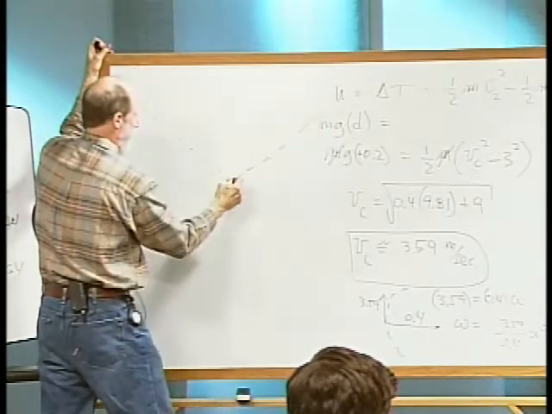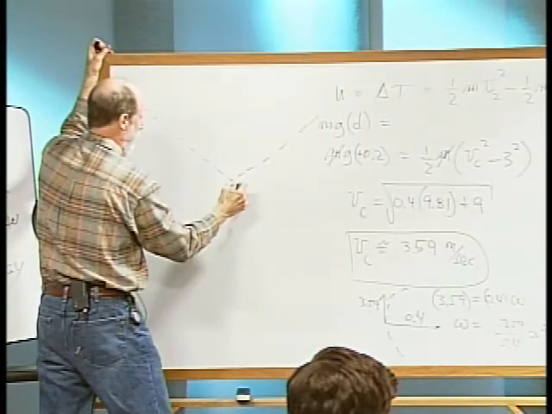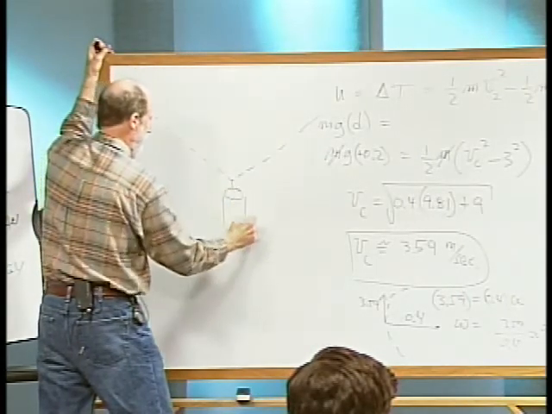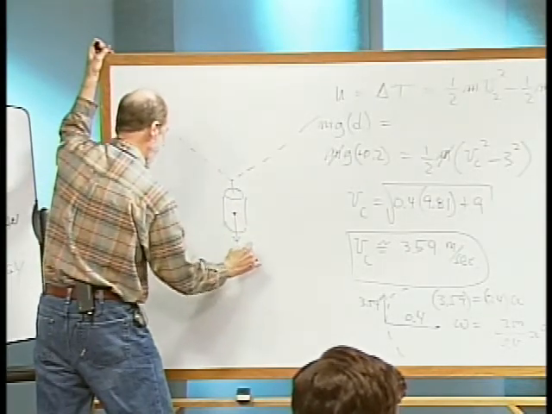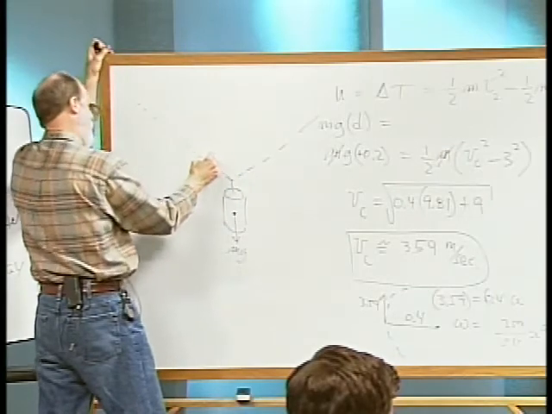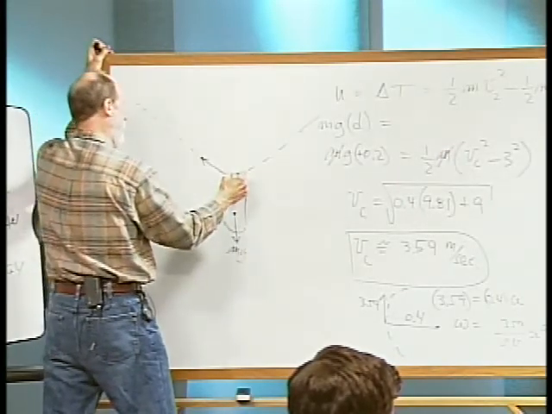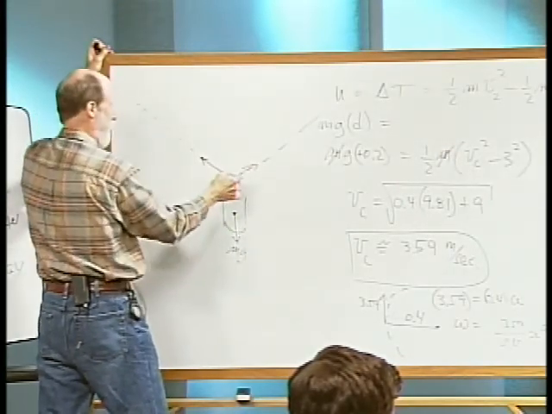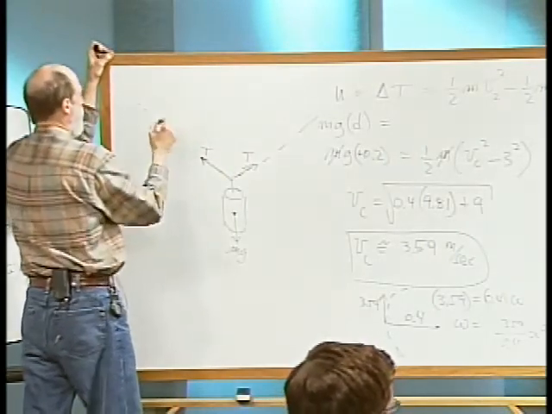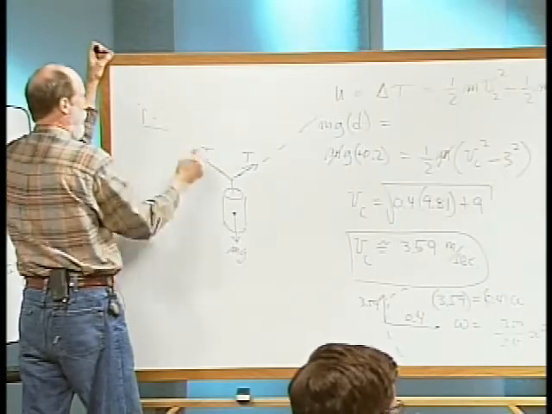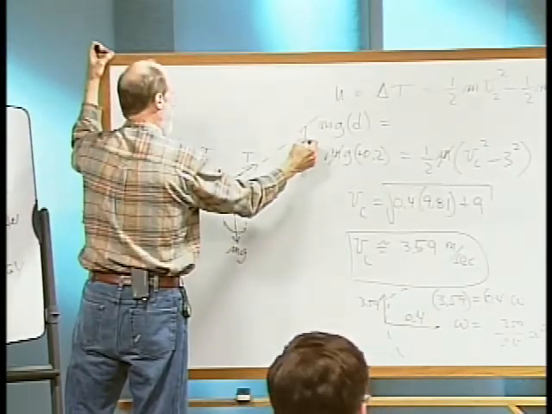Here's the geometry. Here's the mass hanging. We have symmetric tension values because of the frictionless pulley condition here. And then we have the geometry of this cable symmetric to both sides.